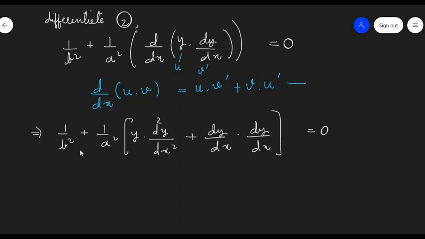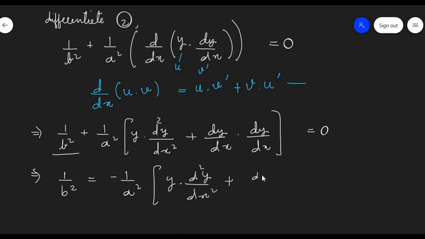From this equation, let us calculate the value of 1 upon b square. So we are going to get 1 upon b square as minus 1 upon a square into y into d square y upon dx square plus dy by dx whole square. Call this equation number 3.